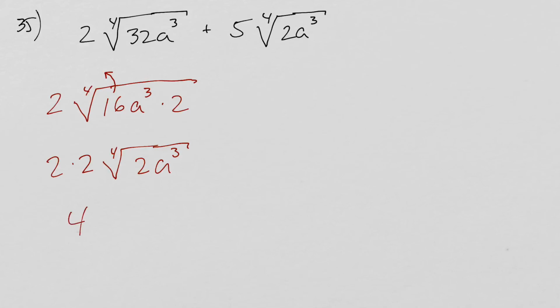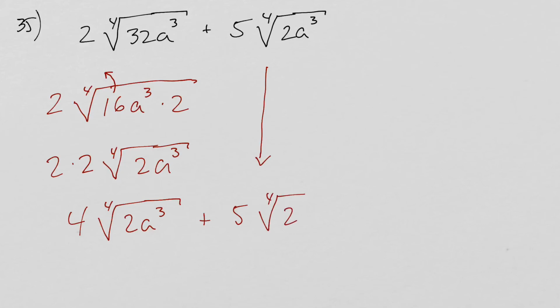So this is going to be 4 times the 4th root of 2a cubed. Plus, this is already simplified. So these are like terms. 4 plus 5 is 9 times the 4th root of 2a cubed.